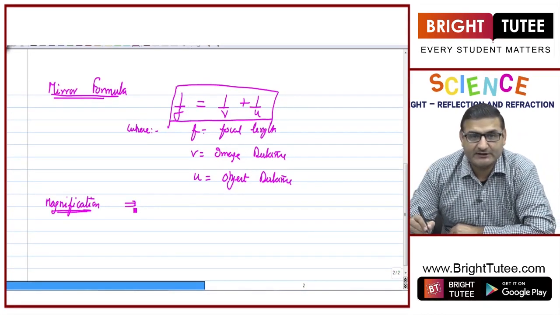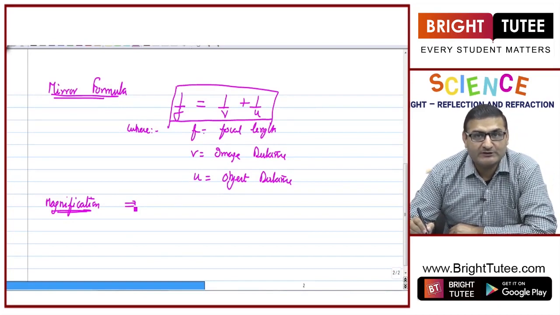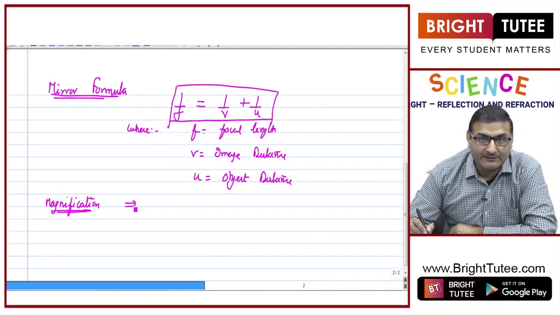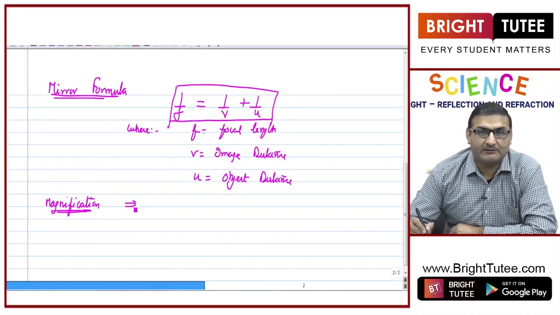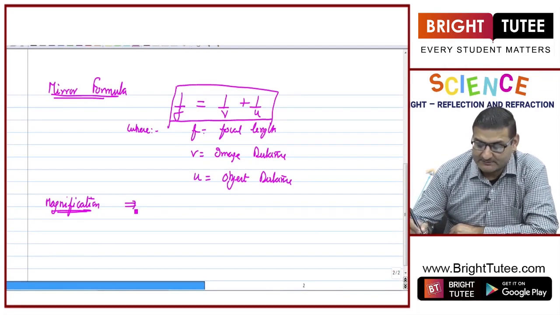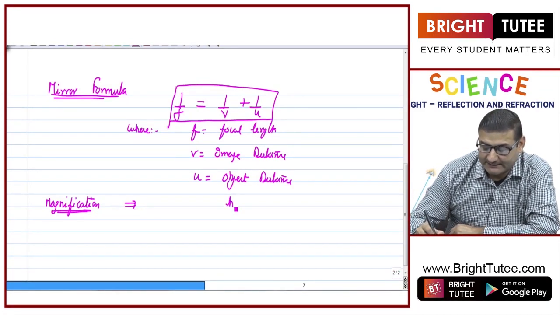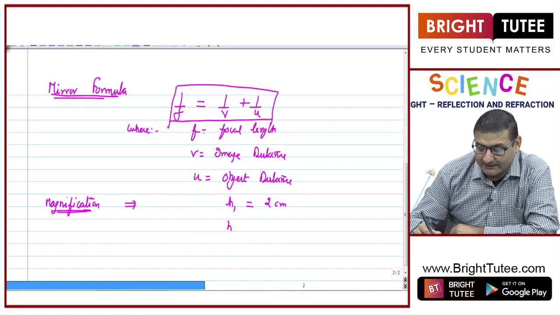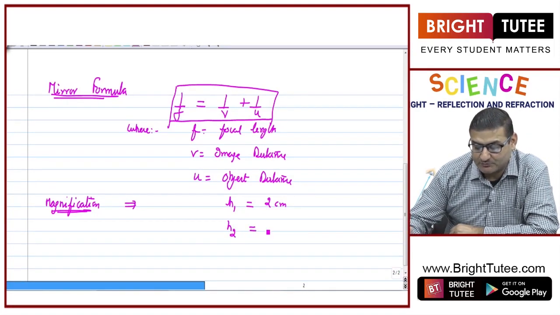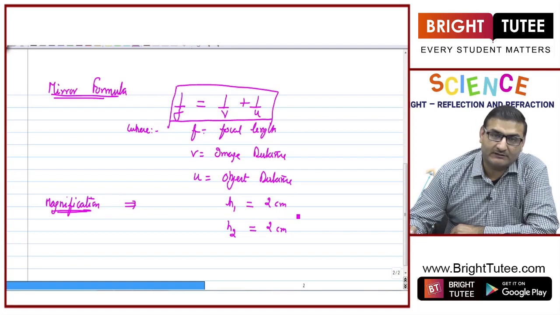By magnification I mean to say that how much magnified the image is as compared to the object. For example, I have represented the height of object to be h1, let it be 2 centimeters. Now, if the image which is represented by h2 is formed 2 centimeters in height, we will say that the image formed is same as that of the object.